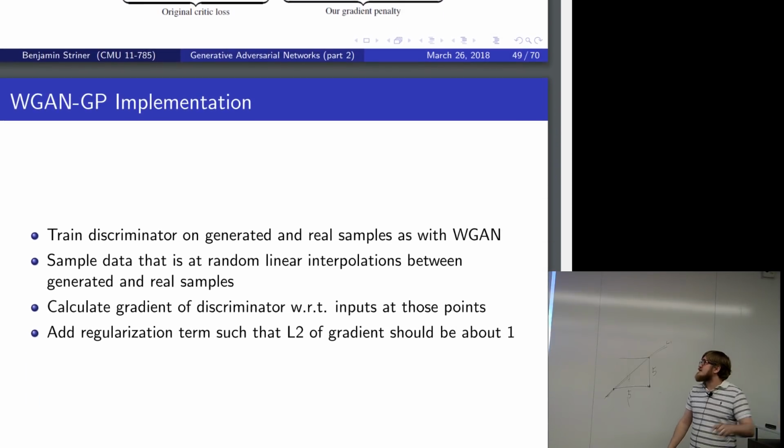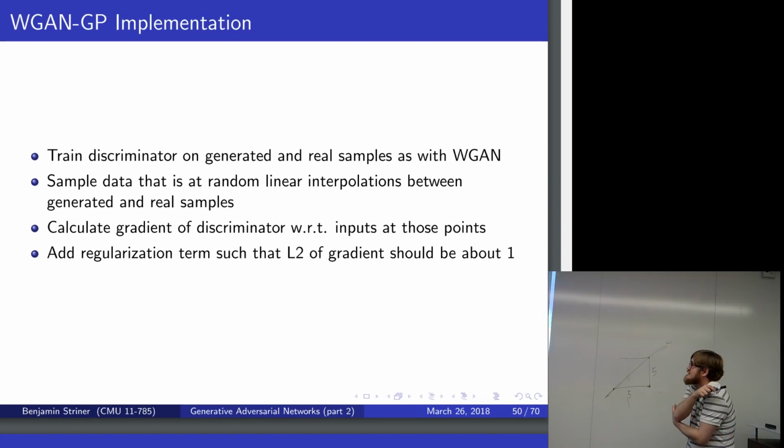How they actually do this, then, is that they have basically the same thing as a WGAN without the gradient clipping, but they additionally sample data that are linear interpolations between the generated and real samples. What that means is you can't really guarantee that your function is going to be a Lipschitz of 1 everywhere on the input space, because that's impossible to do analytically. And if you do it through sampling, you can never cover everything.